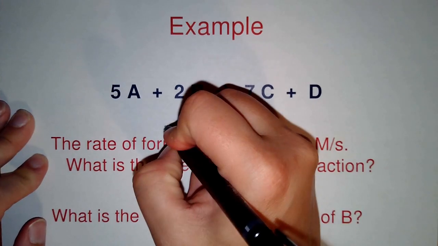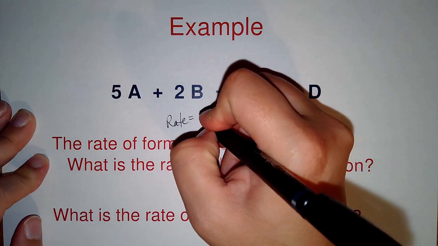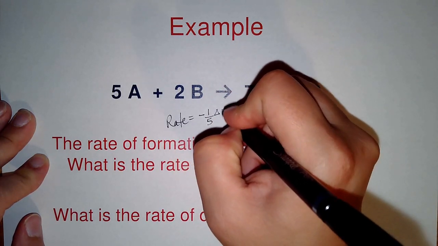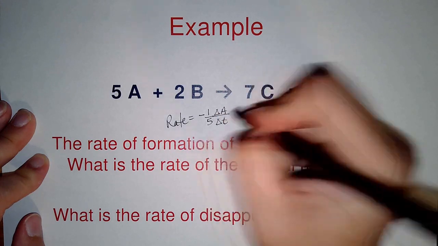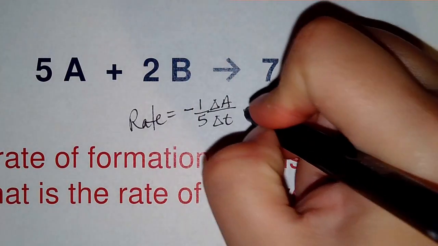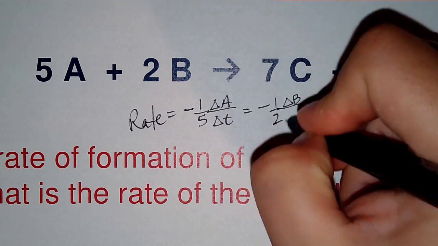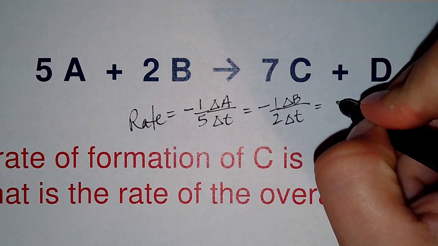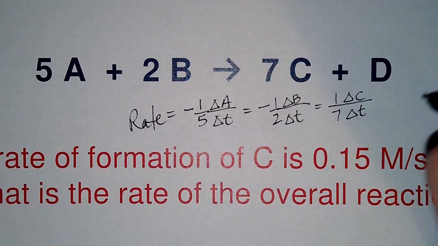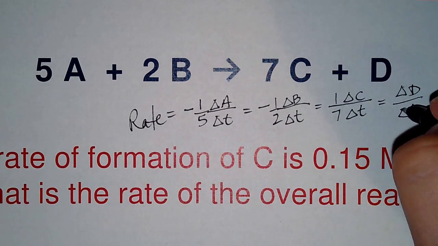Alright, so if you remember, rate is equal to negative 1/5 change in A over time, equal to negative 1/2 change in B over time, equal to 1/7 change in C over time, or equal to change in D over time.